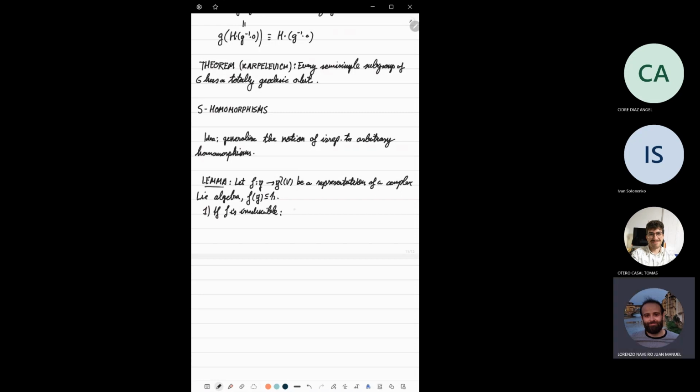So we have the following proposition. If phi is an inner automorphism of H, and the identity map extends to phi, then phi is also the identity map.